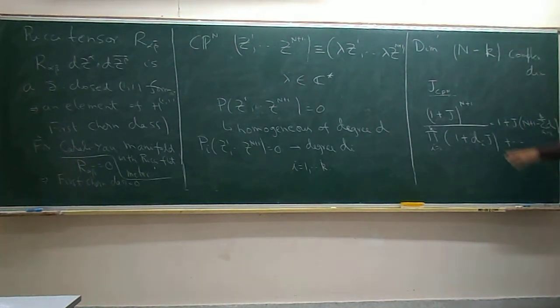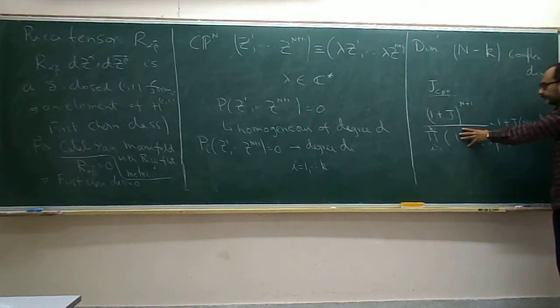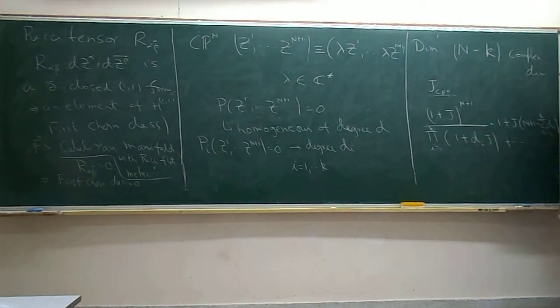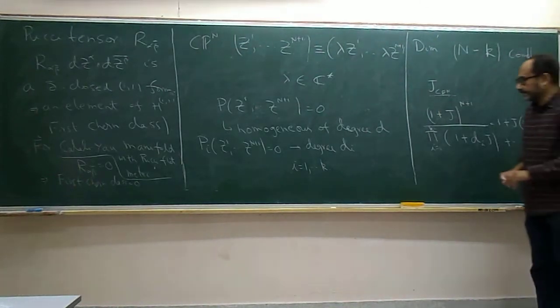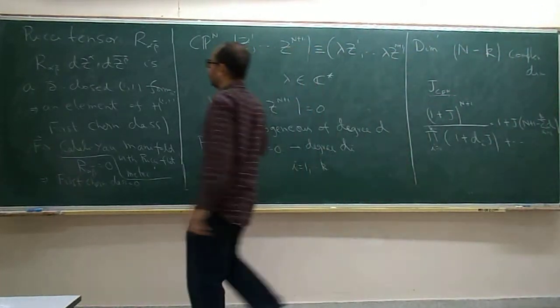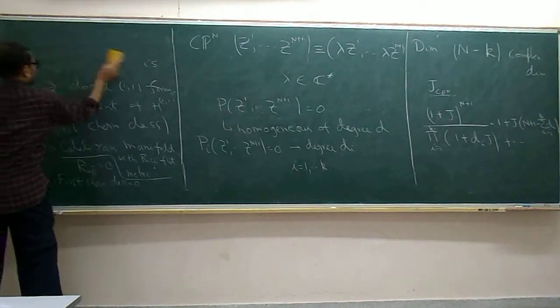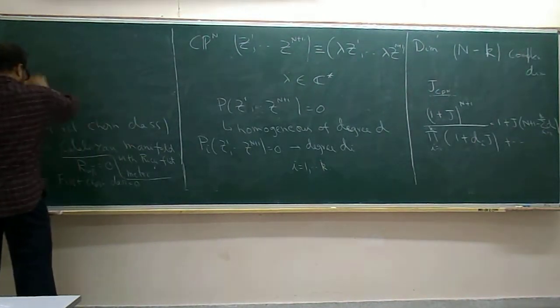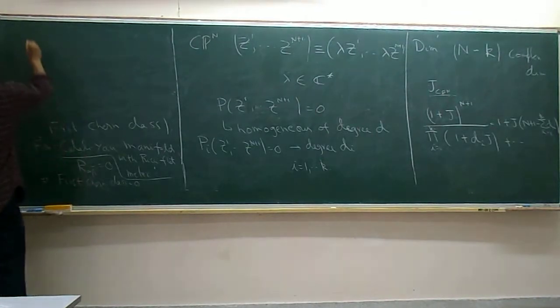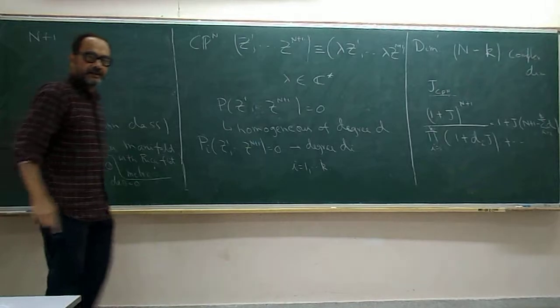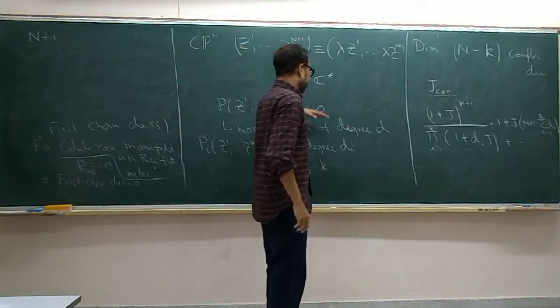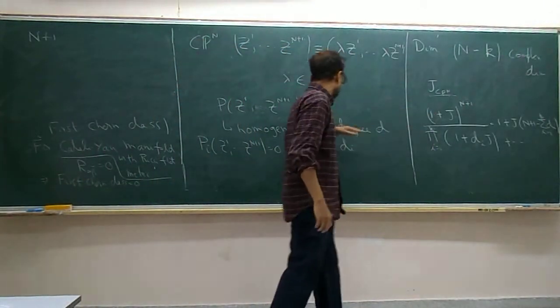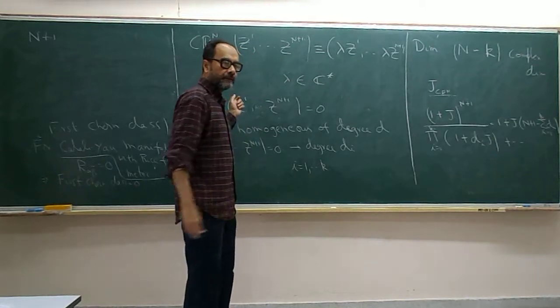In particular, if you didn't have anything in the denominator, then the Chern class would be j times (n plus 1). What is j? j is the Chern class of CPN, and in this context it's the pullback of that on the submanifold.